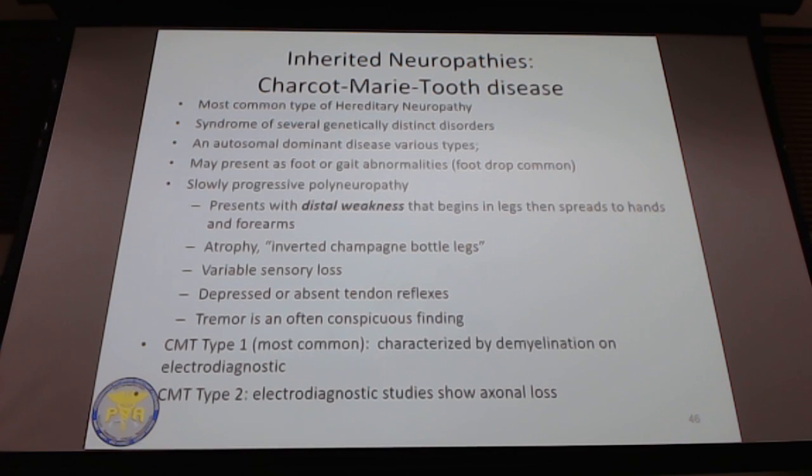So, wait a second, that's what my calf looks like. Don't worry, you don't have it. It's just if you see foot drop and the leg looks like an inverted champagne bottle, bells should be going off in your head. You're never going to say that to yourself. But if I gave you a question, I'm not going to just throw in inverted champagne bottle and ask what disease is classically found in it.